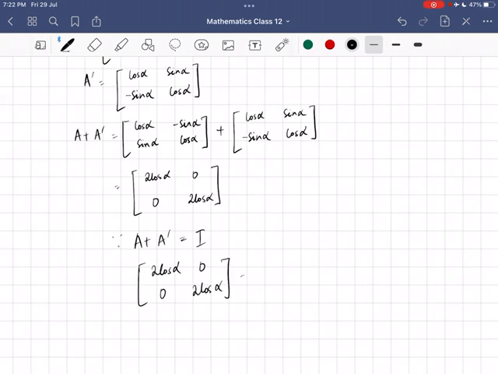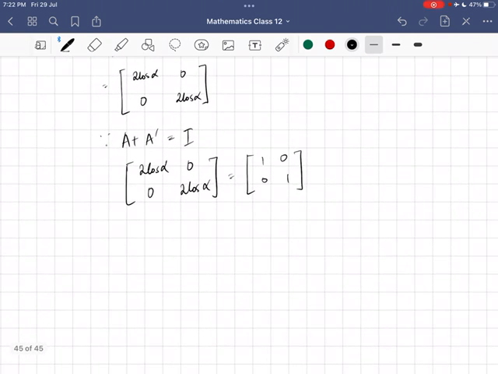Since the two matrices are equal, their corresponding elements are also equal.